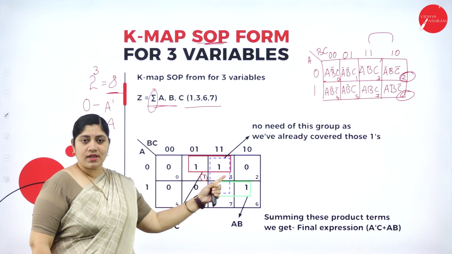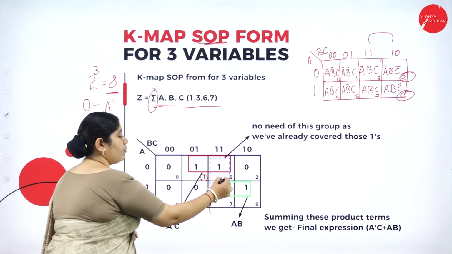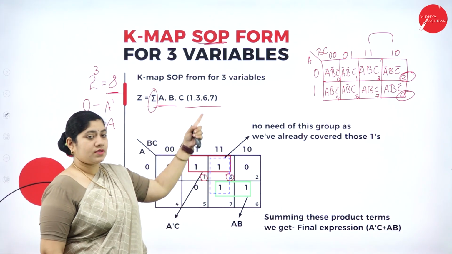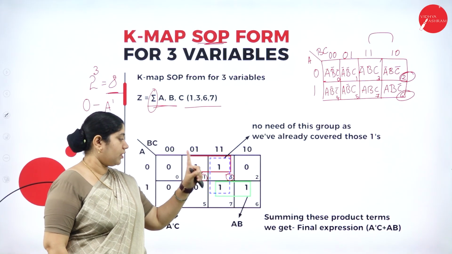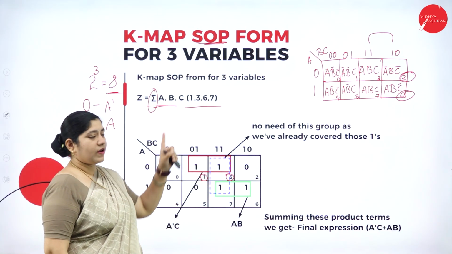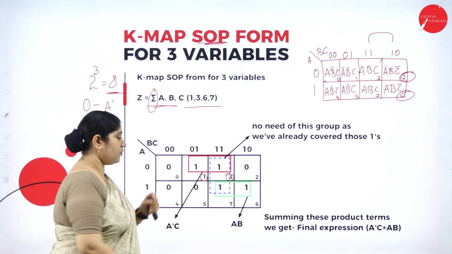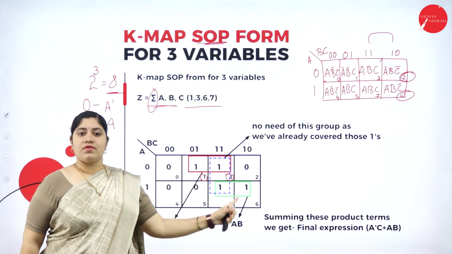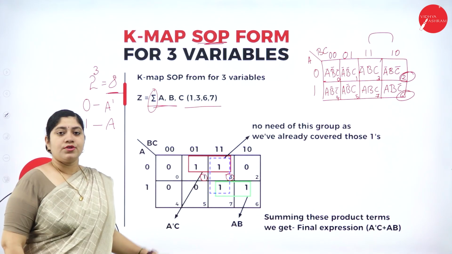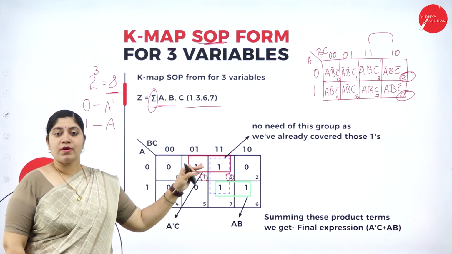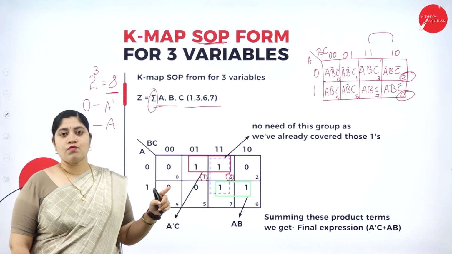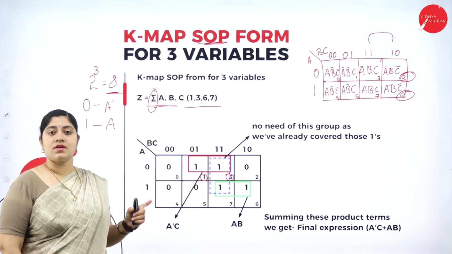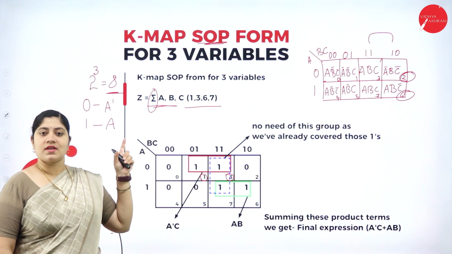The 3 cell is next to this, so I'll write 1 over here. Next 6. You can see 6 is here, so write a 1 in the 6th cell, followed by 7. In the 7th cell also we have to write a 1. So yes, they have been written. What's next? So 1, 1, 1, 1 we have written. For the grouping, it should go from higher order. The first thing we have to note is whether a grouping of 8 cells is possible.